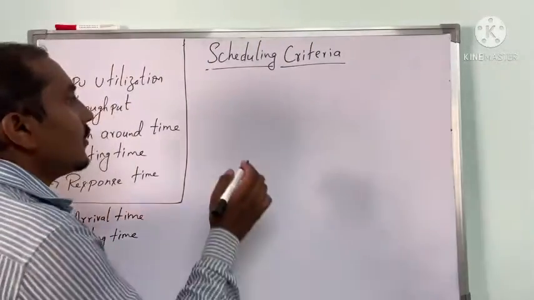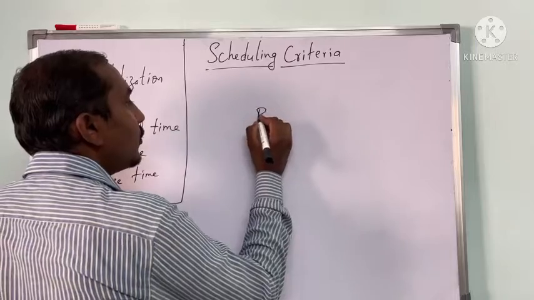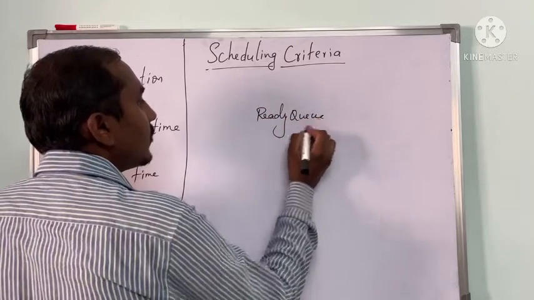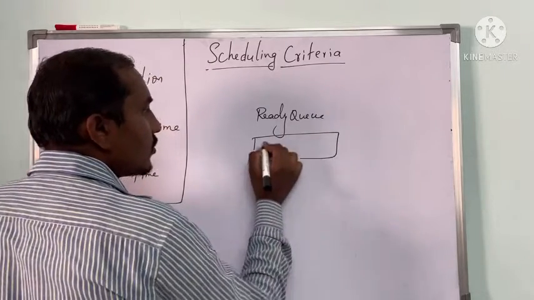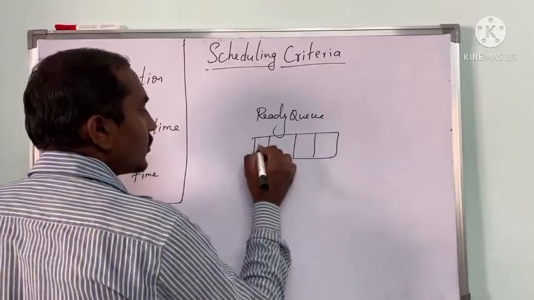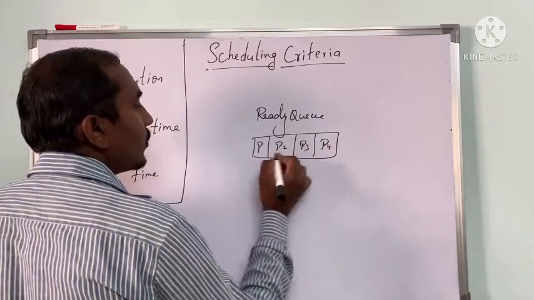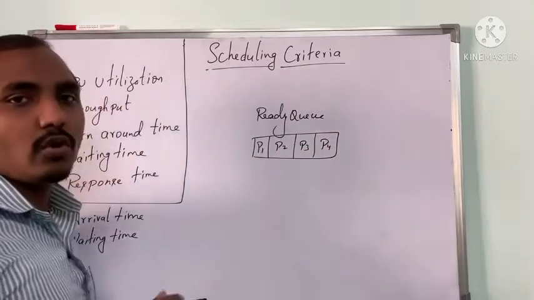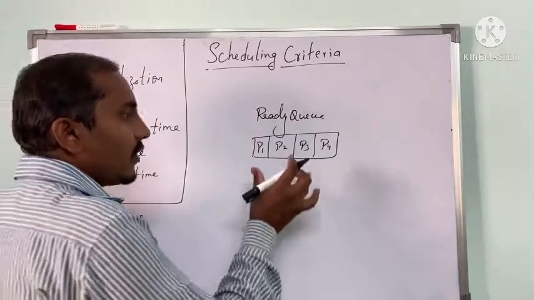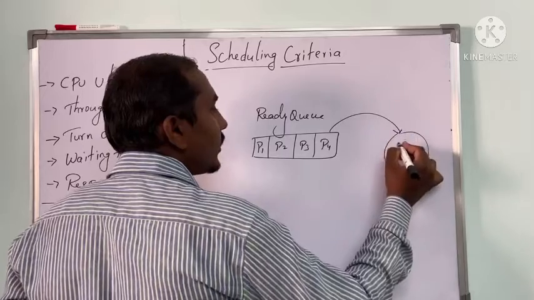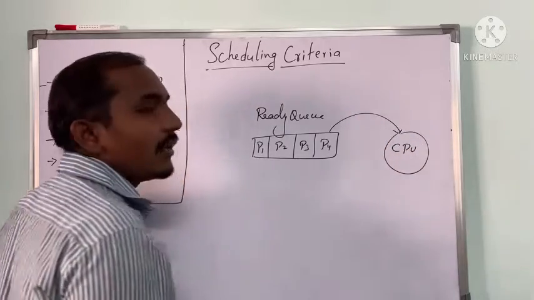For example, we have discussed what a ready queue is. A ready queue is nothing but a queue which is used to store processes: process 1, process 2, process 3 and process 4. From the ready queue, the CPU is going to select any one process for execution.